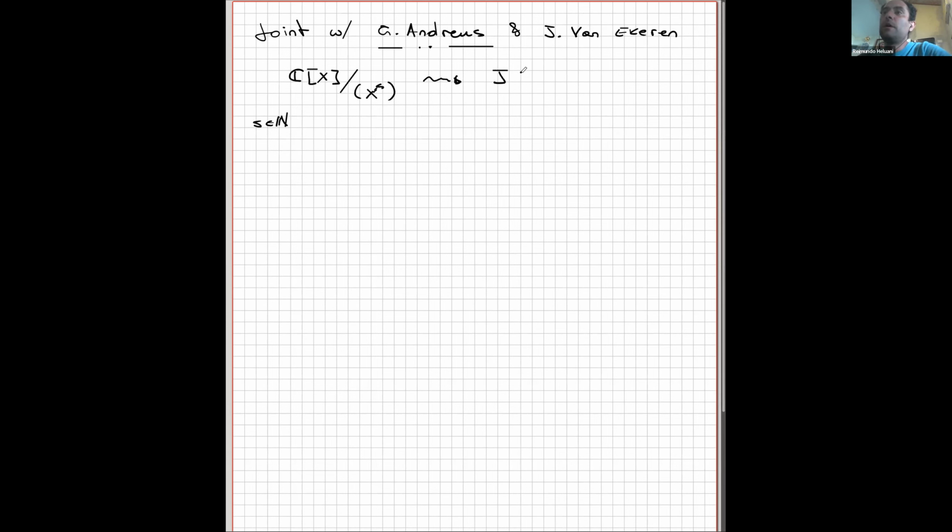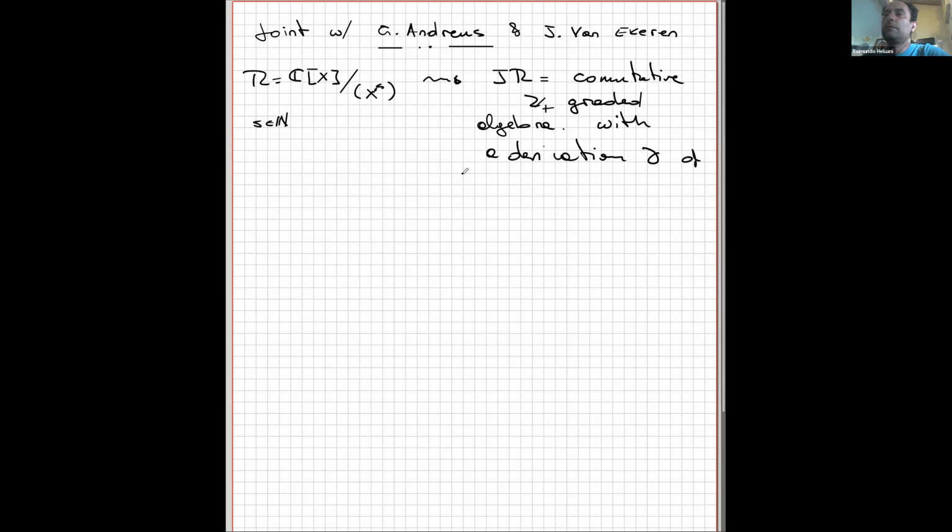So let me call this R and JR. This is going to be a commutative Z plus graded algebra with a derivation, a differential algebra, of degree 1 and generated by R.